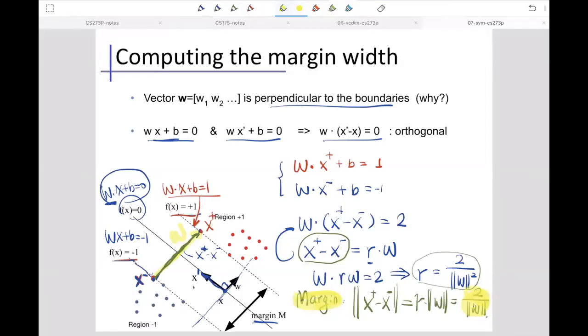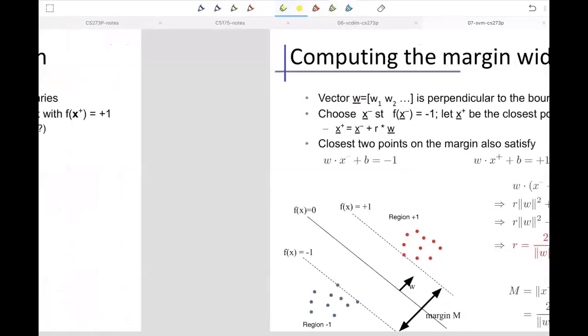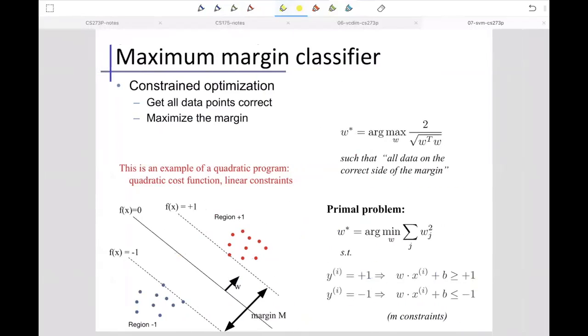I want to push this boundary as far as I can, but at the same time, I want to make sure that the data points are correctly separated, which means they are above this plane and below the plane for the other class labels. So I'm going to maximize the margin, and at the same time make sure that all the data points can be separated.